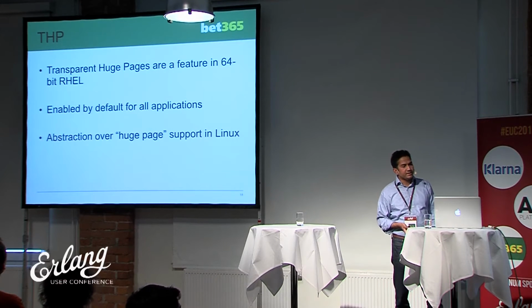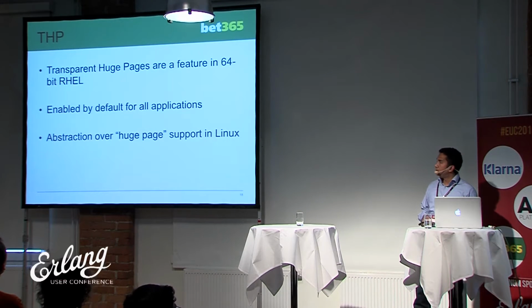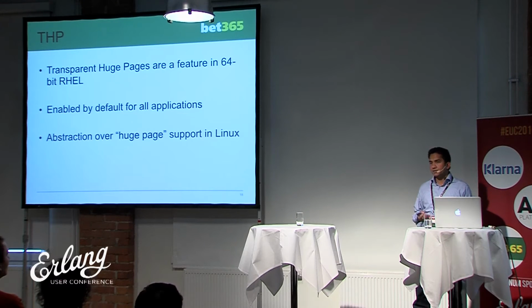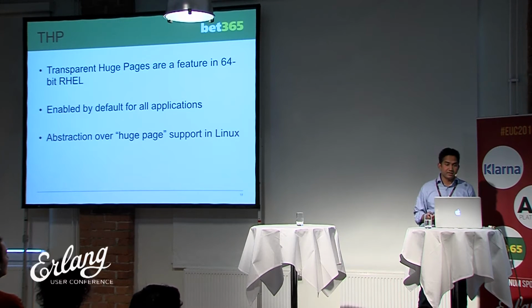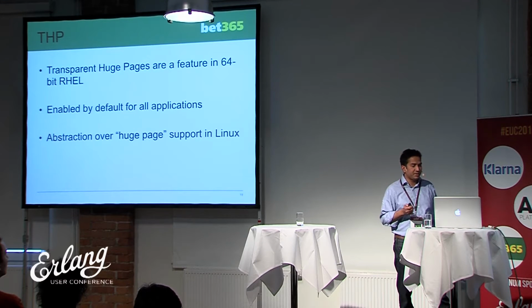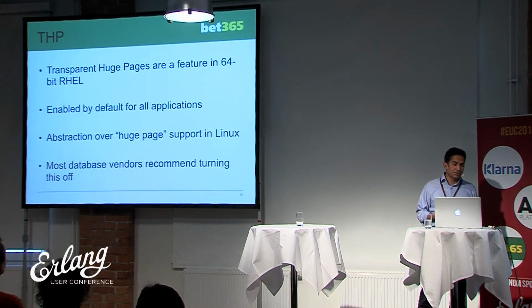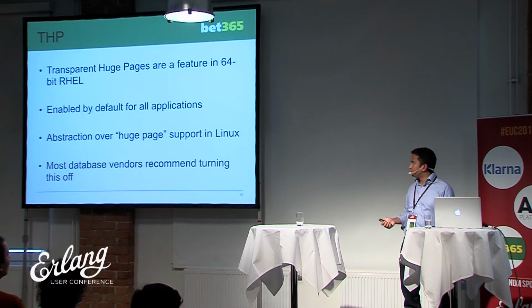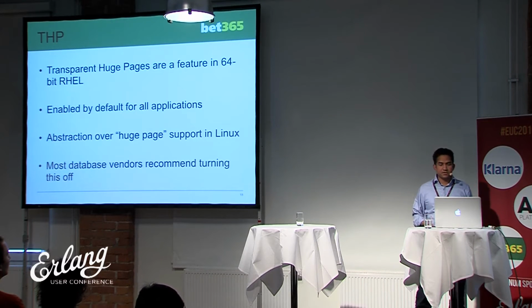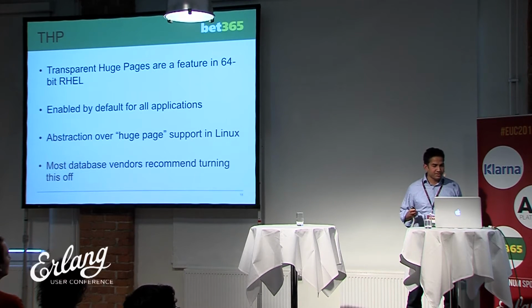And it's an abstraction over what's called huge page support in Linux. Again, I hadn't heard anything about any of this, THP, before digging. The first thing you notice is that most database vendors recommend that you turn this off before you install their database because it's not going to work. That goes for Oracle, TokuDB, SAP HANA, all of these guys.